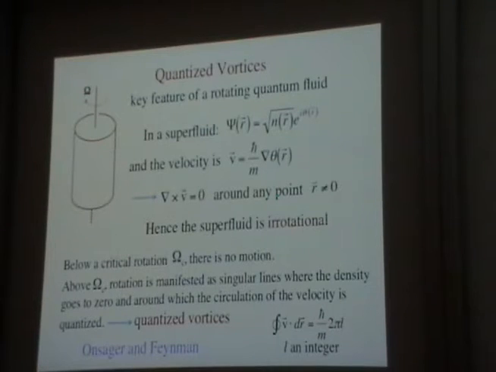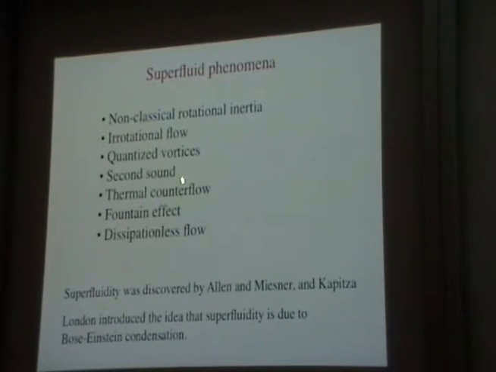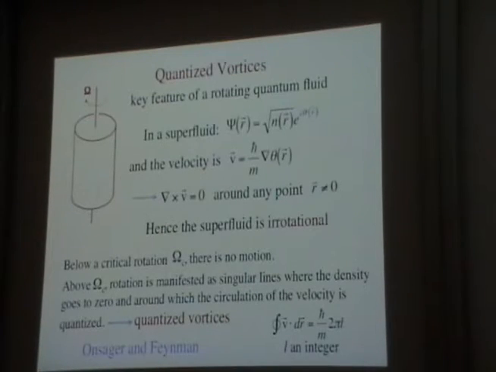In the list here, I mentioned that one of the things you often observe in a superfluid is irrotational flow and quantized vortices. This is pretty easy to see if you look at the equation, especially in the Bose-Einstein condensate, where the condensate is described by a macroscopic wave function, characterized by an amplitude and a phase.